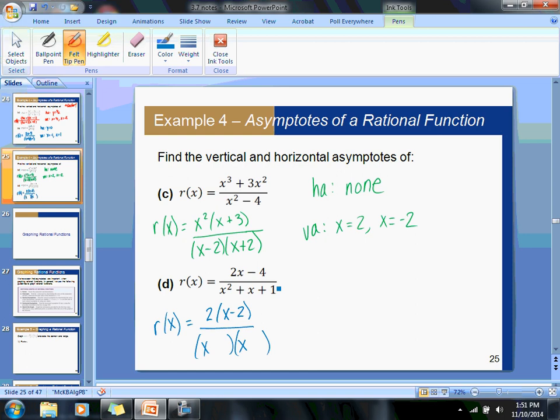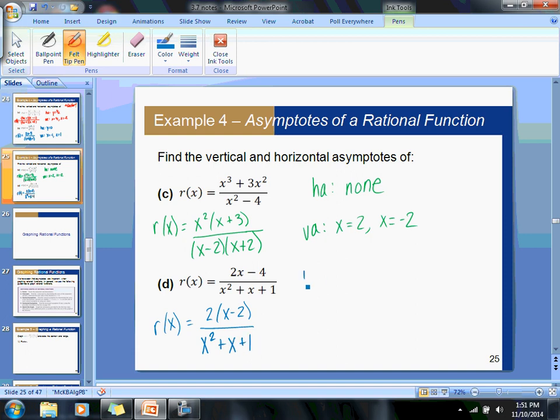Actually, I don't think that one's factorable. You could possibly factor it using the quadratic formula, but we would end up getting probably an imaginary number. So here, let's just leave it x squared plus x plus 1.